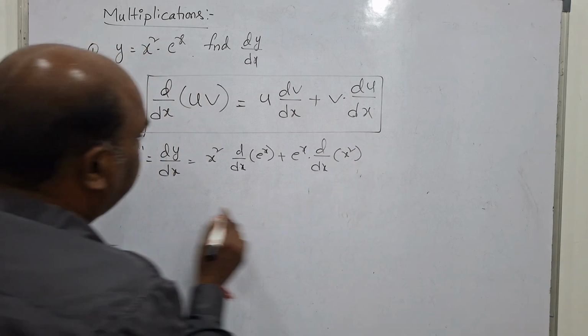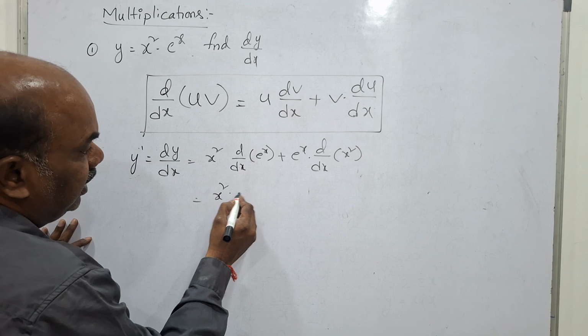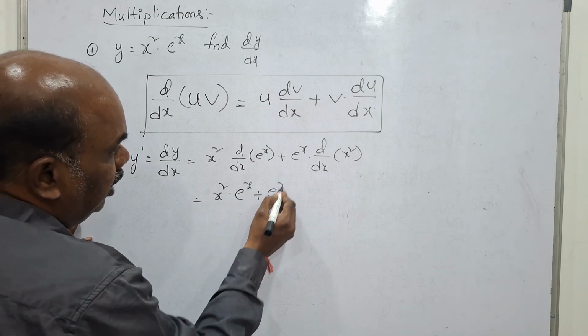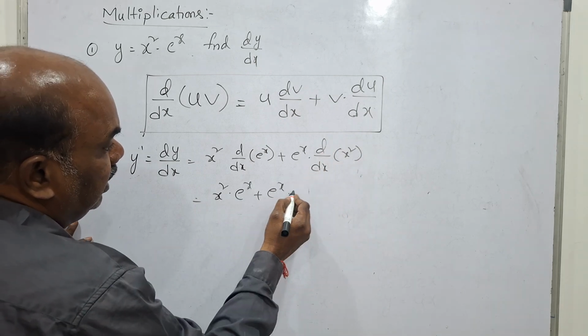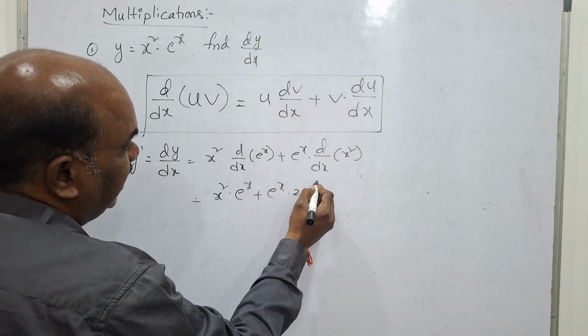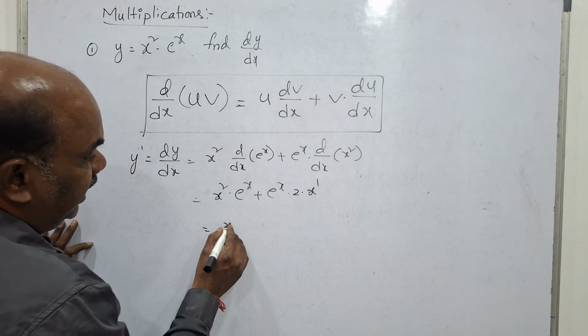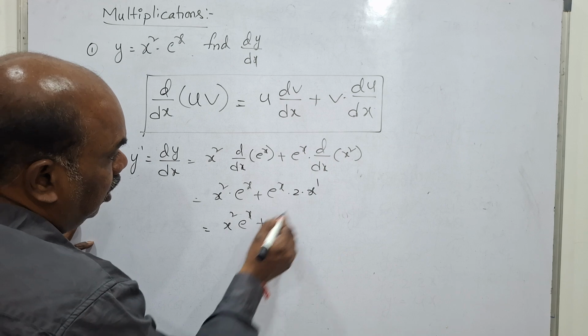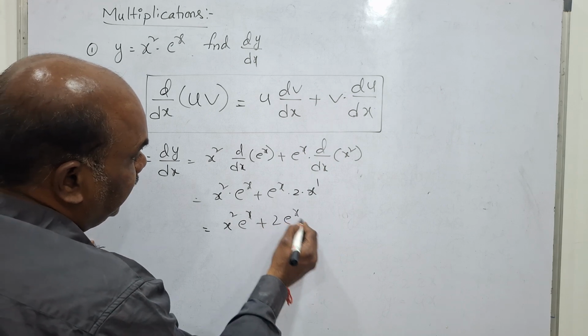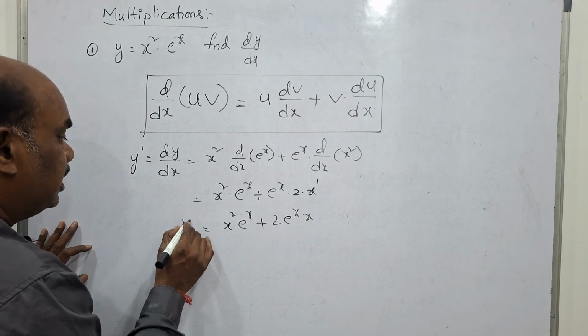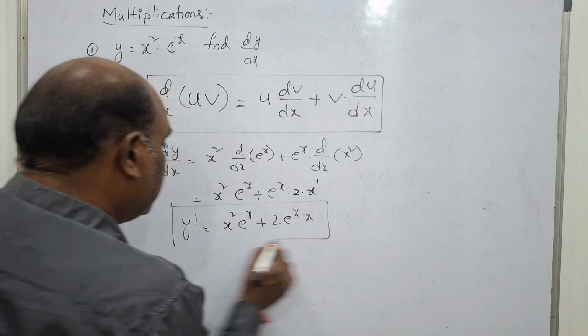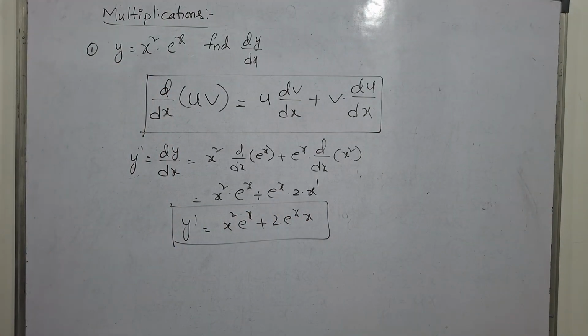The differentiation of e power x is e power x only. e power x into, this is x power n, n into x power n minus 1, 2 minus 1, 1. So x square e power x, constant written first, plus 2 e power x into x. That's all. This is what y dash is, the differentiation of the given function. Note down.